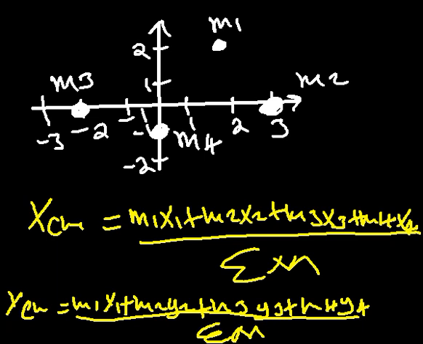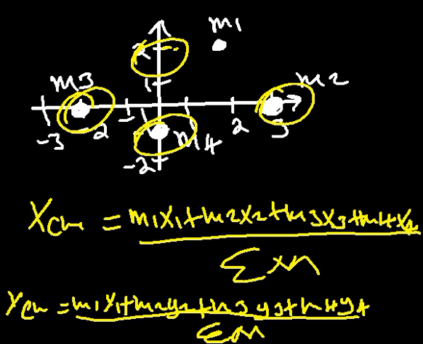So what is y1? y1 is the y coordinate at the first point, at the object of mass 1, that is given as 2. And how about y2? We'll have it as 0. And how about y3? We'll have it as 0. And y4 we'll have as -1. So keep that in mind.